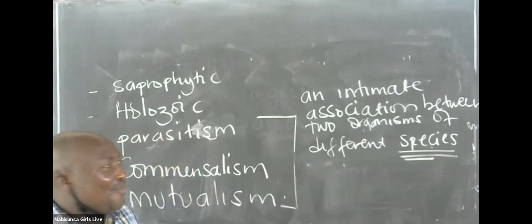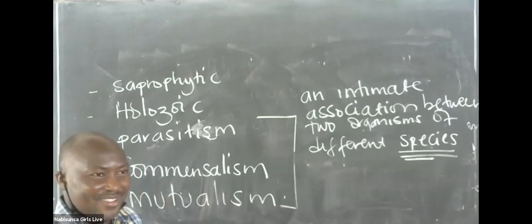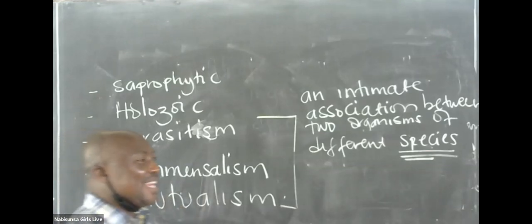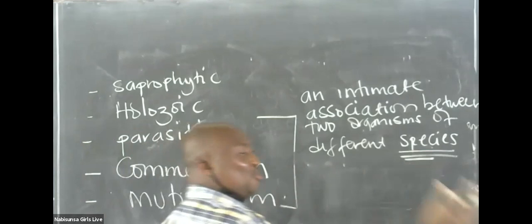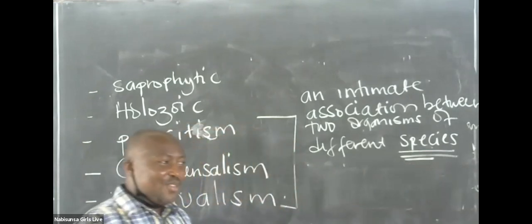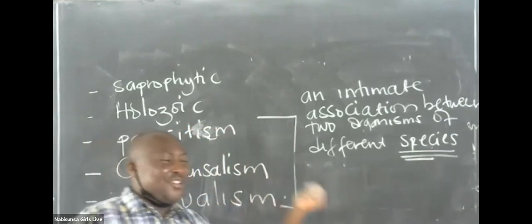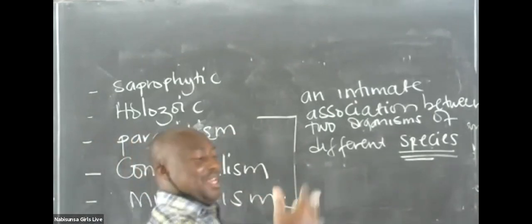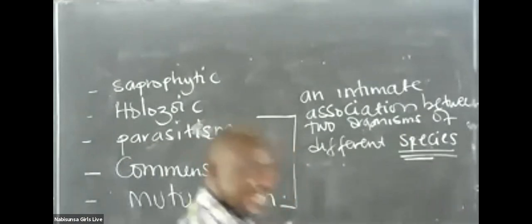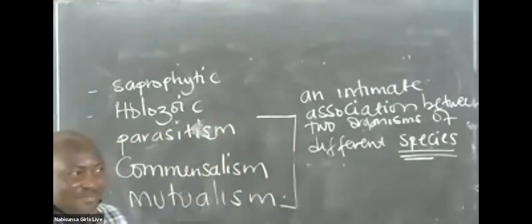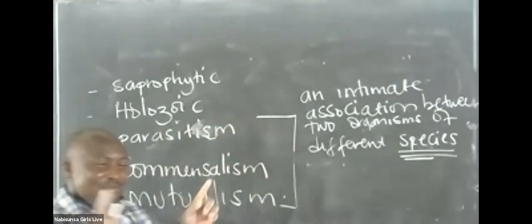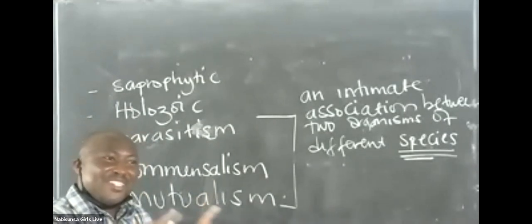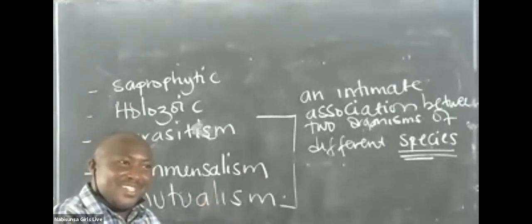Maybe I have grub, but at the same time I'm not so good in class. So I give my friend grub, and the friend helps me in understanding things in class. What does that mean? Both of us are benefiting from the association.